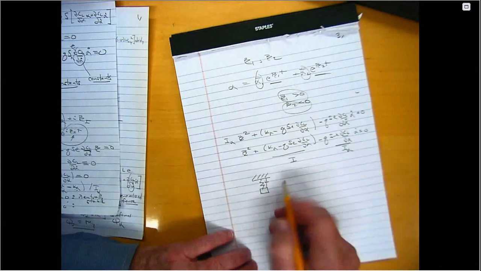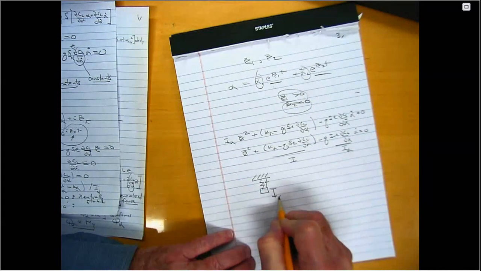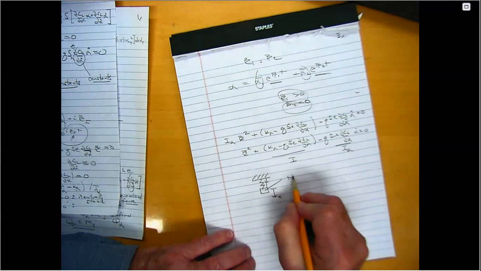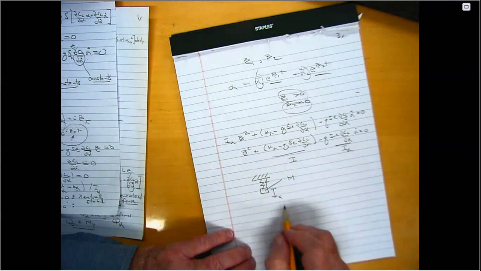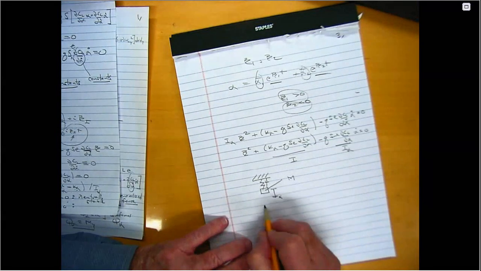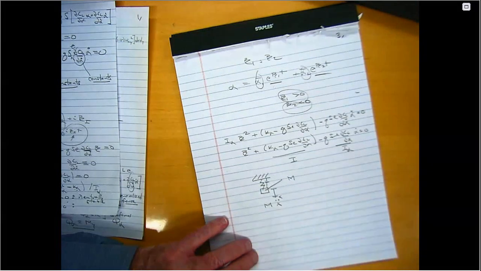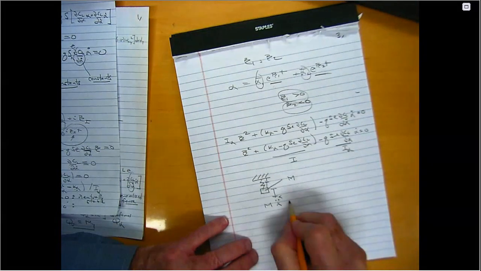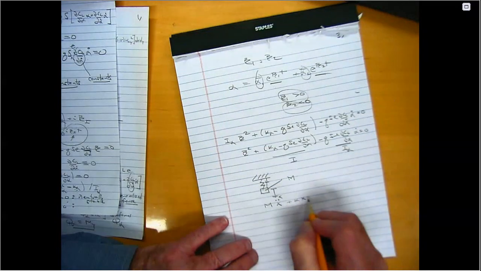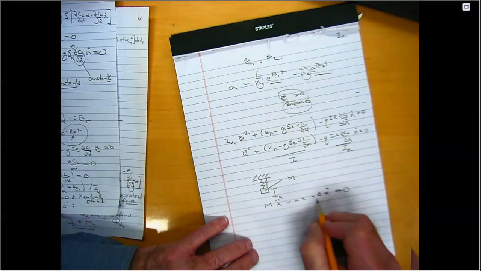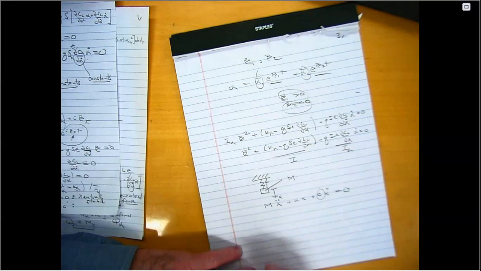I call the displacement of that spring x, and the mass m. And I think you recall that the equation for that spring is m x double dot plus k x plus c x dot equals 0, where c is some measure of damping in the dashpot.